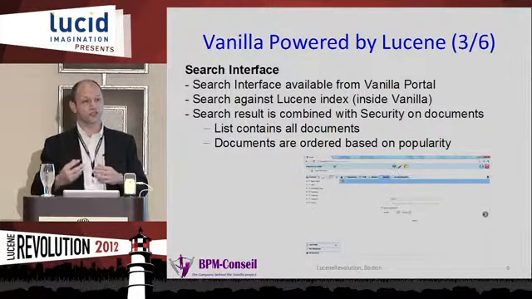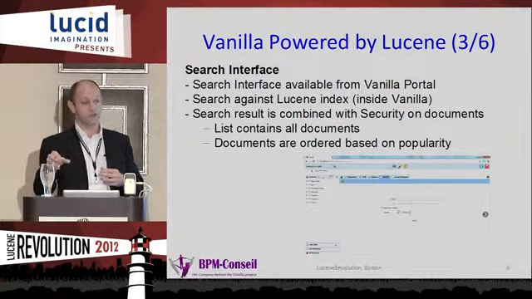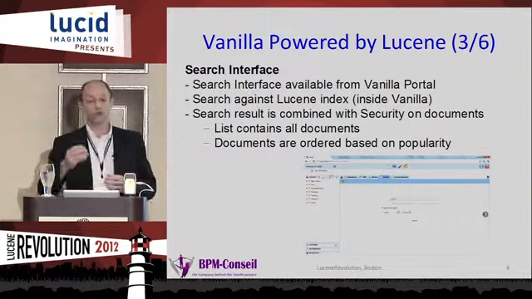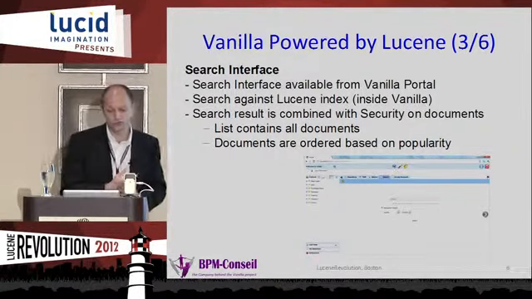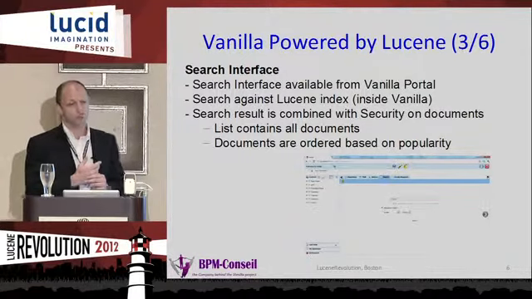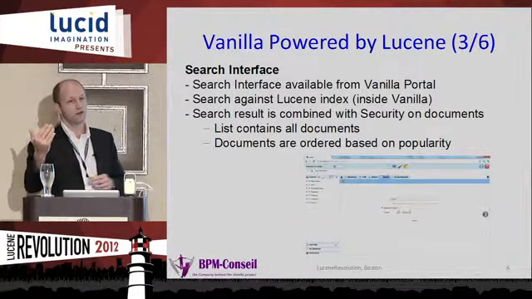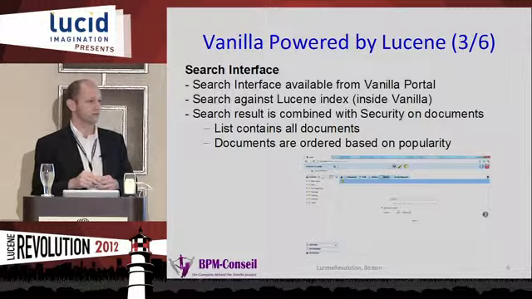So the search tells you this document is there, it contains your keyword, but you can't open it. I will show it to you with Vanilla later. You can request a grant of access to the document.